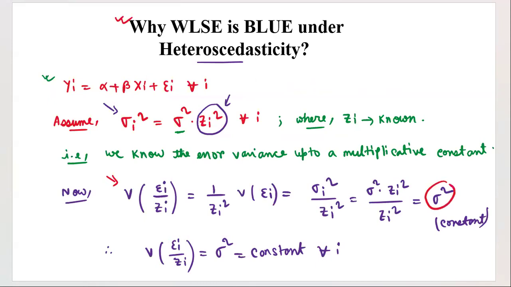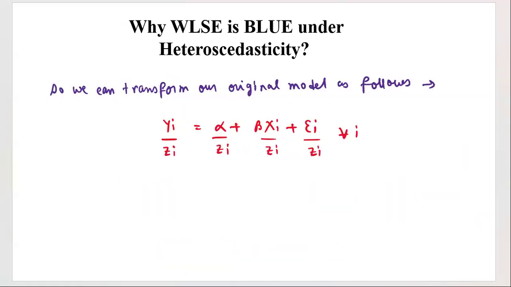So dividing every term by zi will give you a homoscedastic model, and that is our aim. We want to convert our heteroscedastic model into a homoscedastic model, and that is why we use this transformation. This is called the transformed model, and the special feature of this model is that it is homoscedastic.